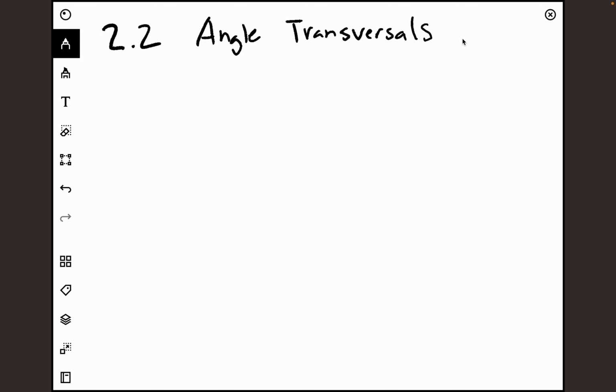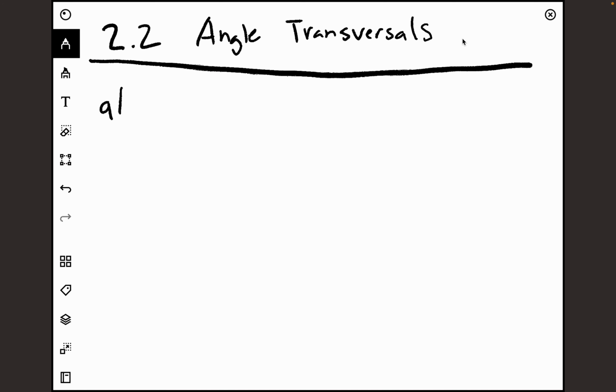Okay, so we are going to be talking about 4 different types of angles. Alternate interior. Alternate exterior.